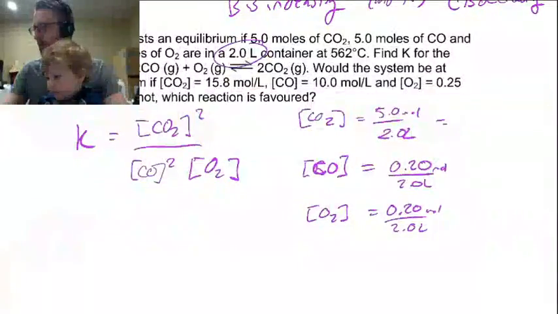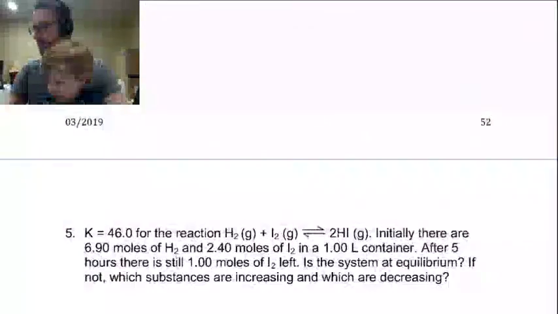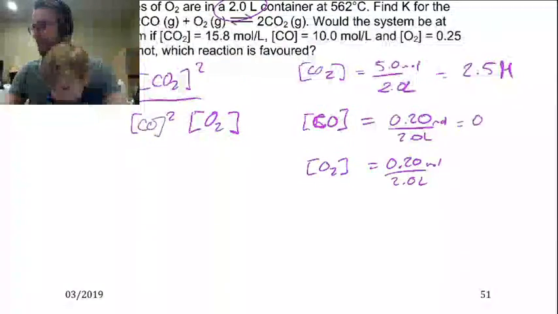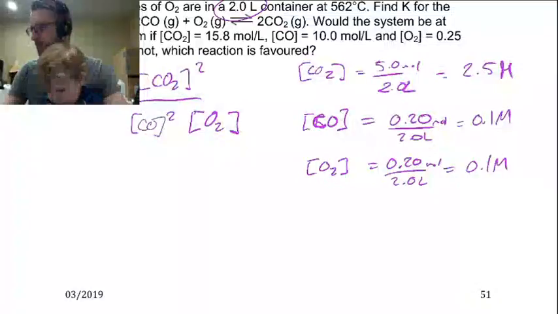So that gives us our concentrations: 2.5 molar, 0.1 molar and 0.1 molar. I love 0.1 molar. It's very easy to work with.